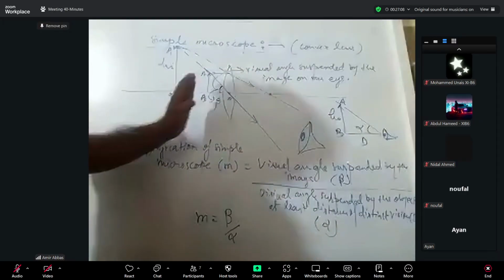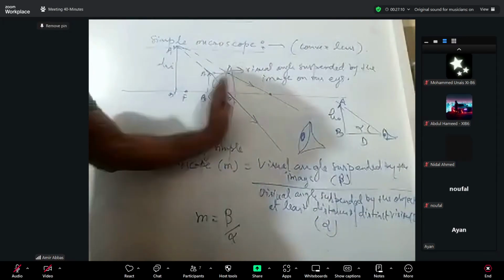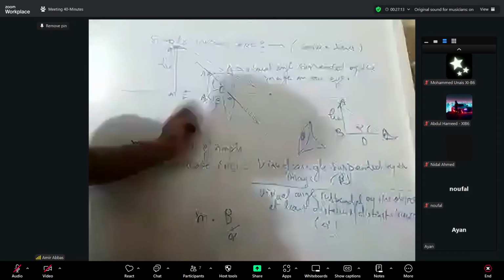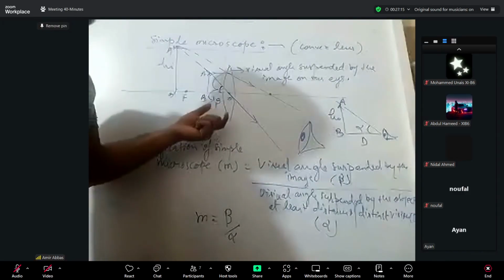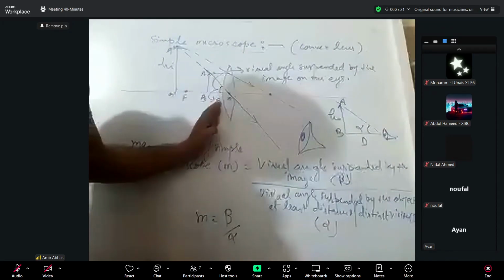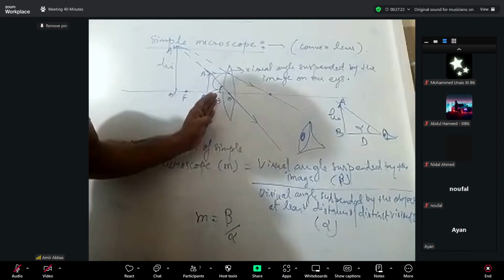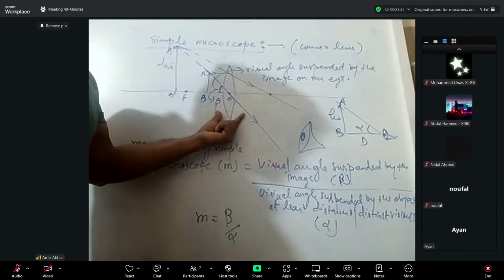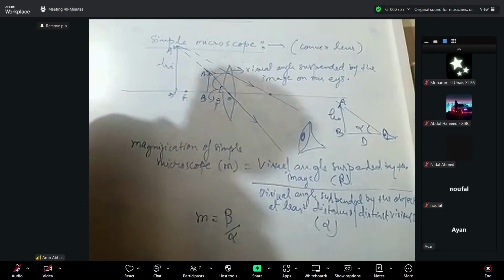We have taken this object closer to the eyes than the least distance of distinct vision. So it is suspending a big angle, but at this time we cannot see it correctly, so we have used this lens. Have you got this?